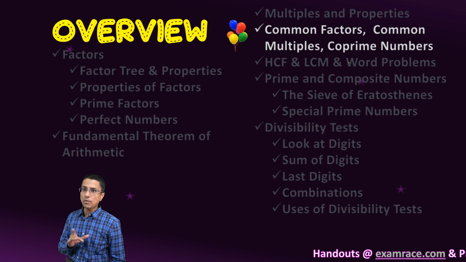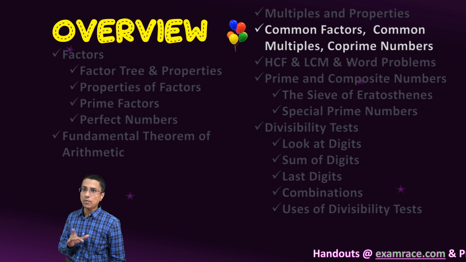Not only that, it is the highest common factor, meaning that I cannot come up with a factor bigger than 12 which would divide both numbers 84 and 24. It is impossible to do that because all the common factors between 84 and 24, which are 2, 2 and 3, are incorporated into this number 12. So this number 12 is known as the highest common factor of these two numbers.